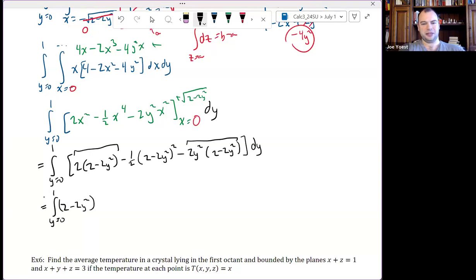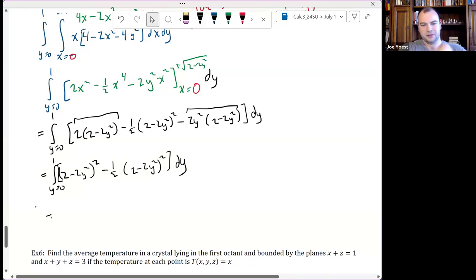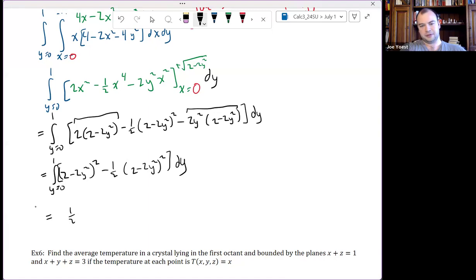And I'm left with what? 2 minus 2y squared. And then I get minus 1/2 of that same thing. Or that's just one of those things minus 1/2 of them. That's just 1/2 of that thing.